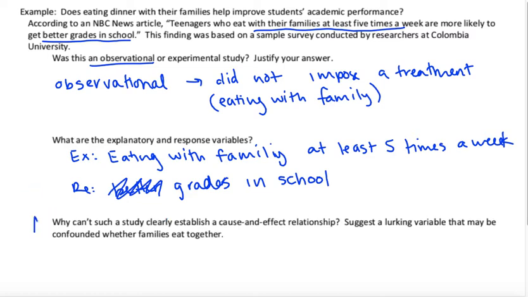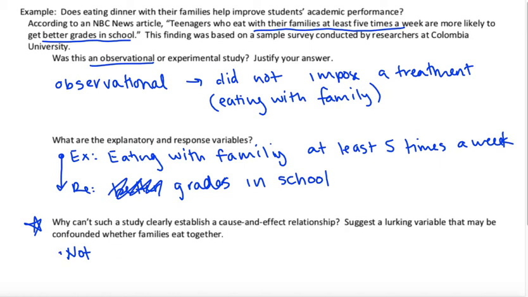So when we look at this type of study, this study cannot clearly establish a cause and effect. We can't say that this causes this. Why is that? What would be a lurking variable that may be confounded with whether or not families eat together? So first off, the only thing that can establish cause and effect is an experiment.